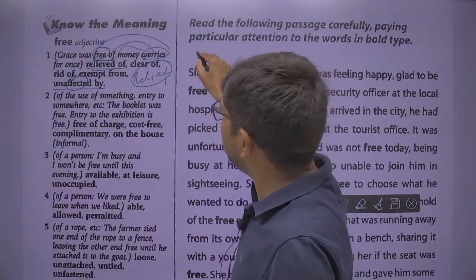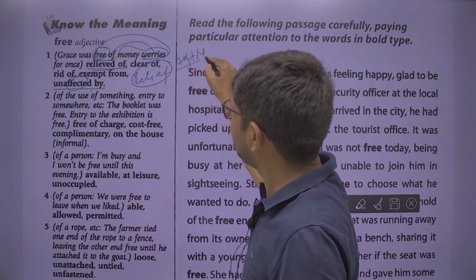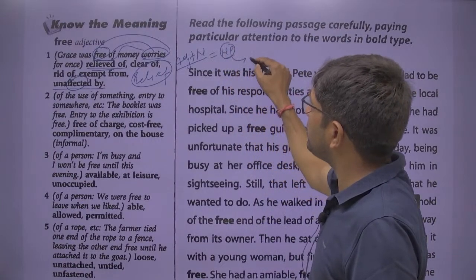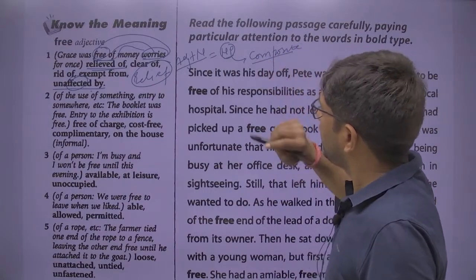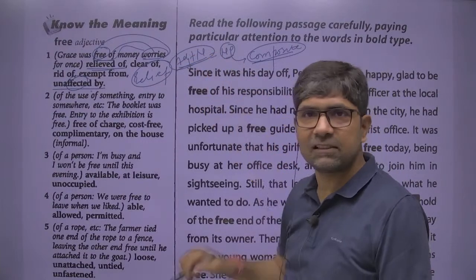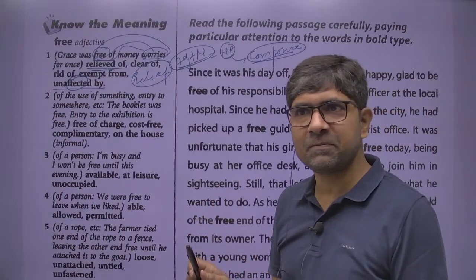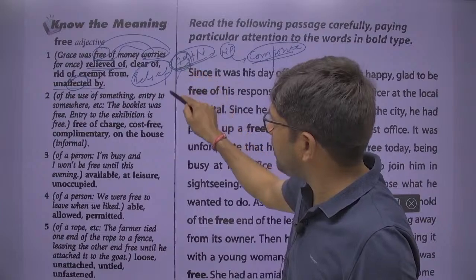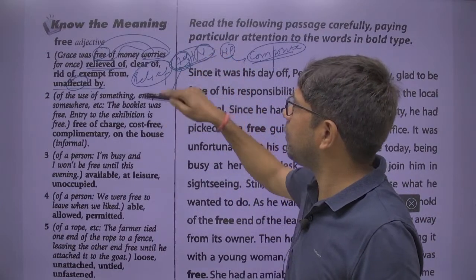So this combination of noun and adjective, I mean this noun phrase, has a composite meaning, the meaning produced by the interaction of adjective and noun, and that composite meaning is different from the isolated meaning of free and the isolated meaning of worry.